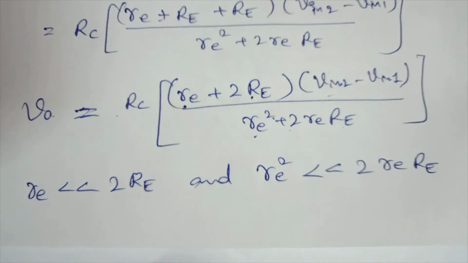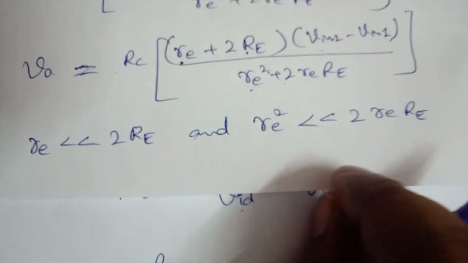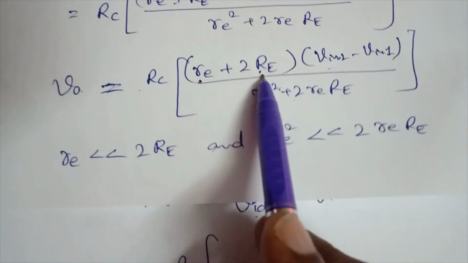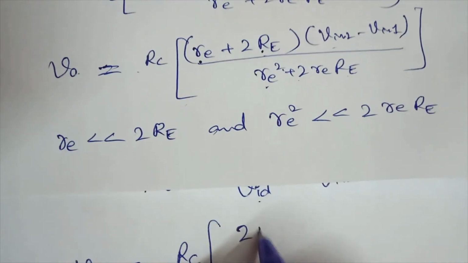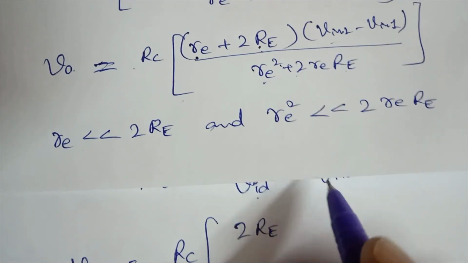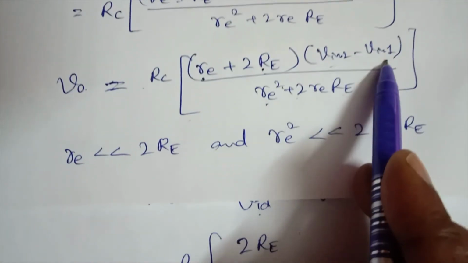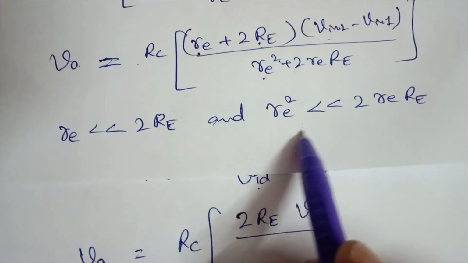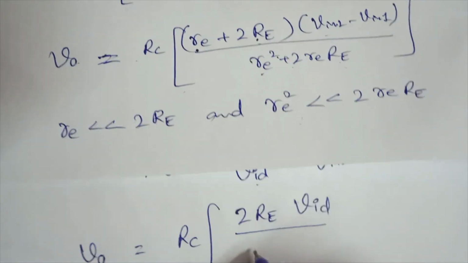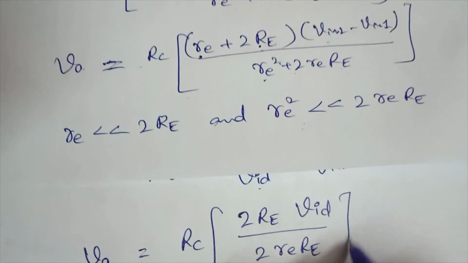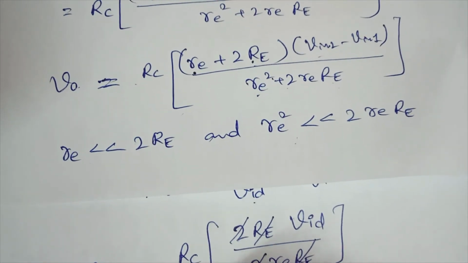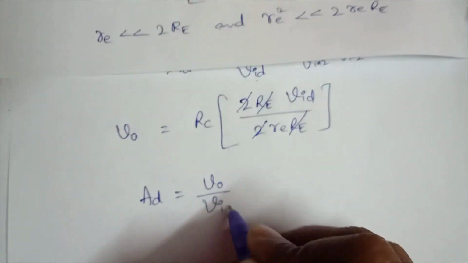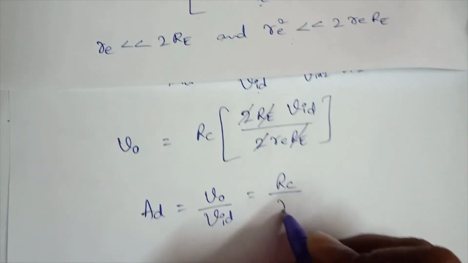V0 is equal to RC into, in numerator we are neglecting the RE term, so it becomes 2RE, and V in 2 minus V in 1 is nothing but VID, divided by, in denominator neglecting the RE square value, so it becomes 2RE into capital R. So RE gets cancelled, 2 gets cancelled. Now we are getting AD is equal to V0 by VID is equal to RC by RE.